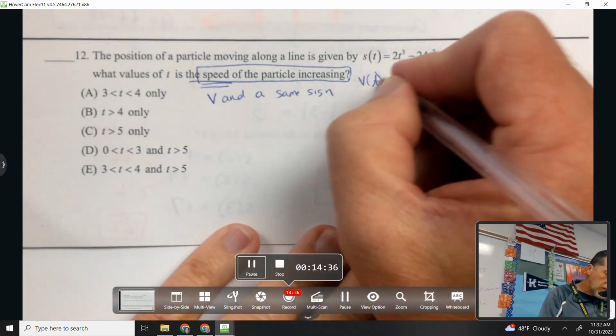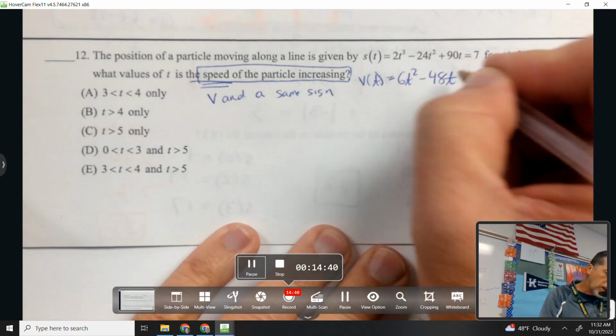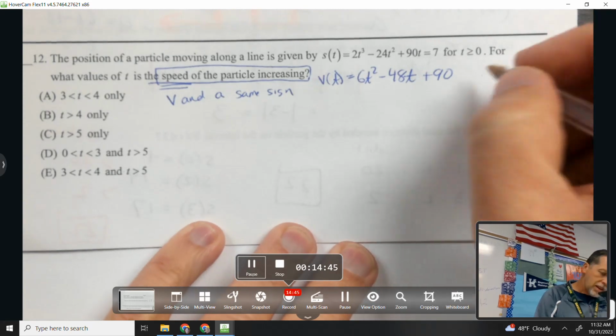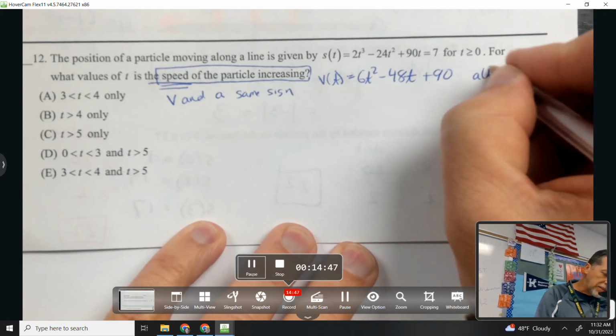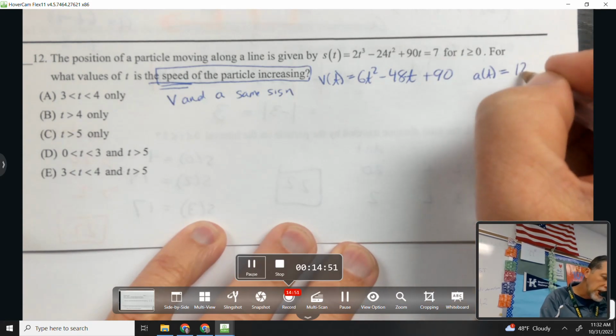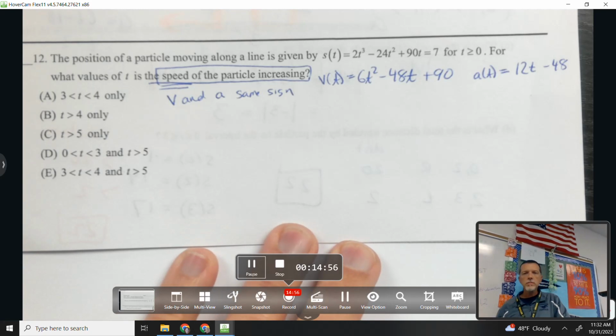So V is 6t squared minus 48t plus 90. And I guess while I'm in the derivative taking mood, the second derivative, the acceleration, would be 12t minus 48.